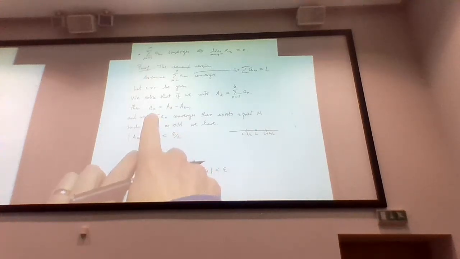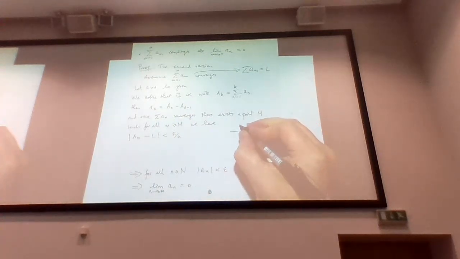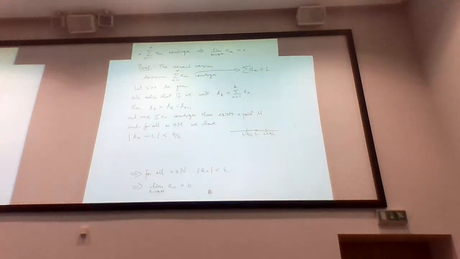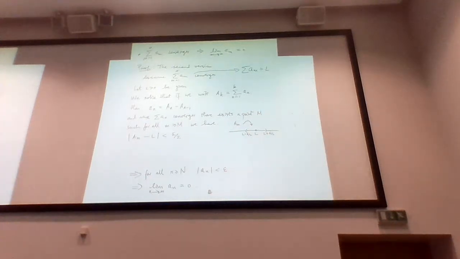And the term a_n is the difference between two subsequent partial sums. So for n bigger than or equal to capital N, my A_n's all live in here. Okay?